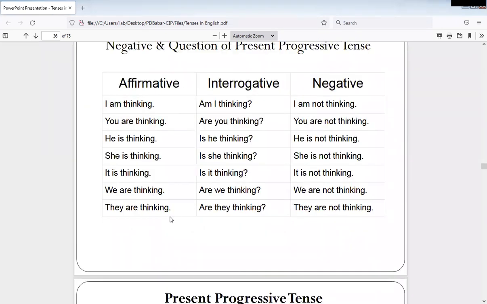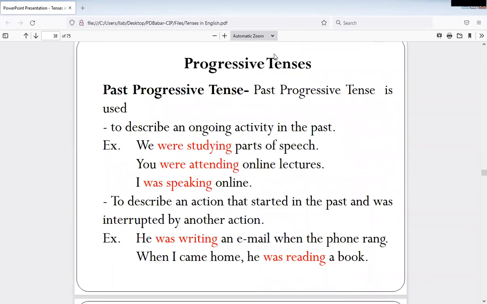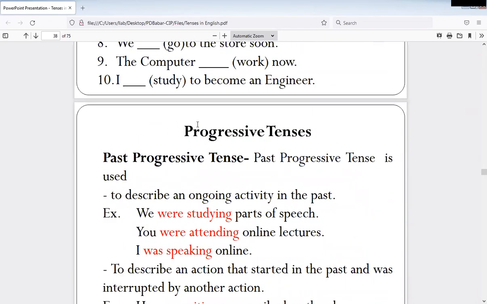Also, we have studied the past progressive tense, which is used to show the action that was going on in the past, or a continuous action happening in the past.